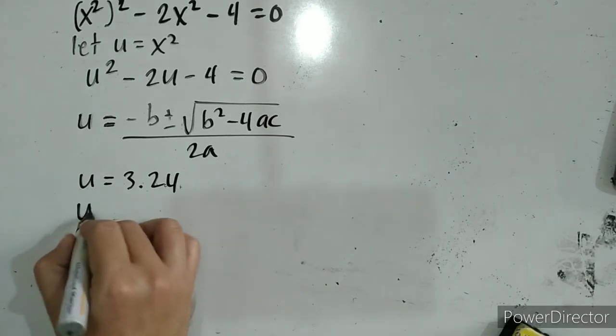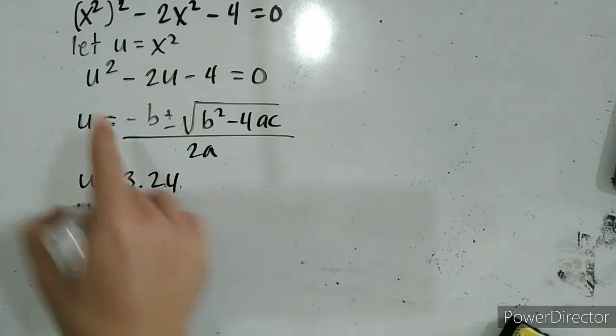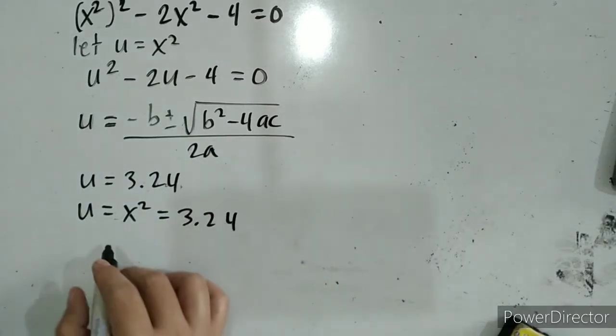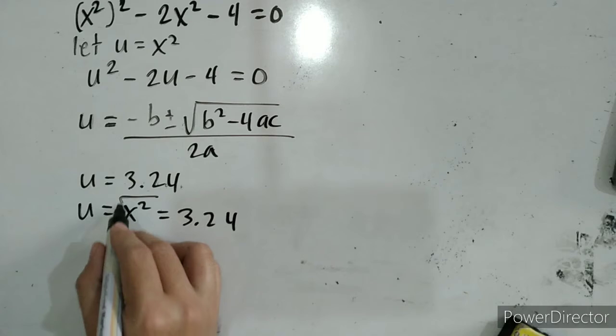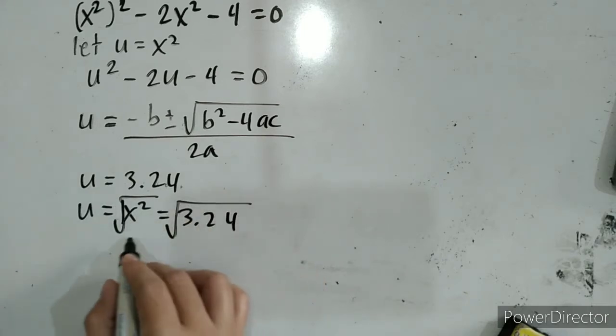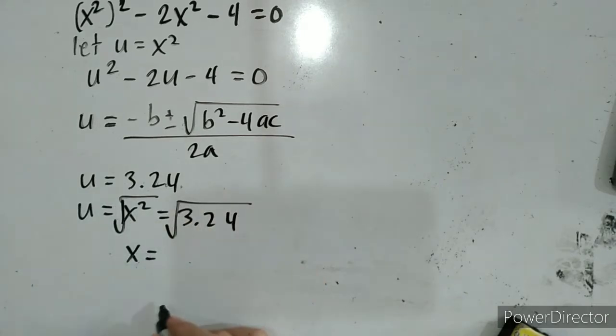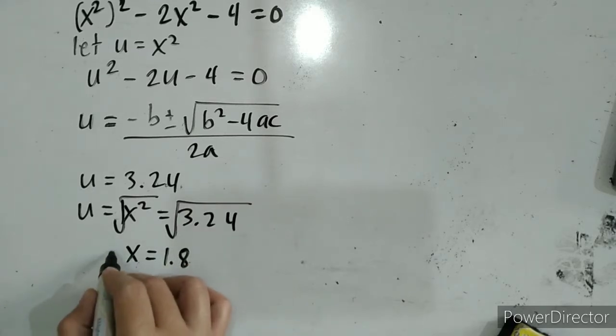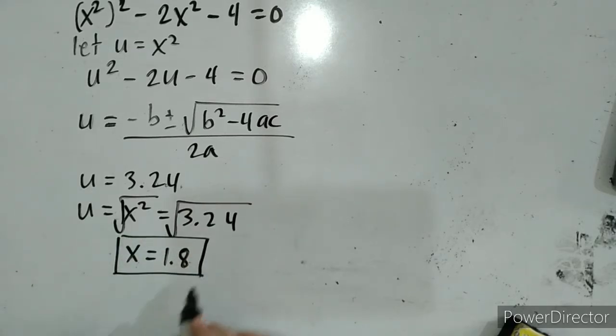And since u is equal to x squared, x squared equals 3.24, then x is the square root of 3.24, which yields a value of 1.8. So this is the value for x.